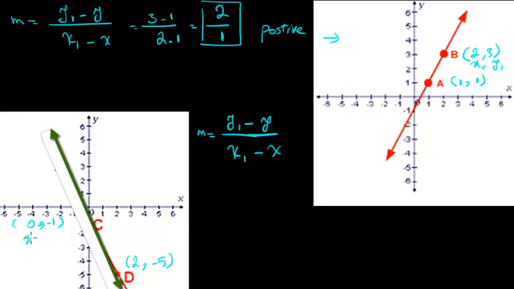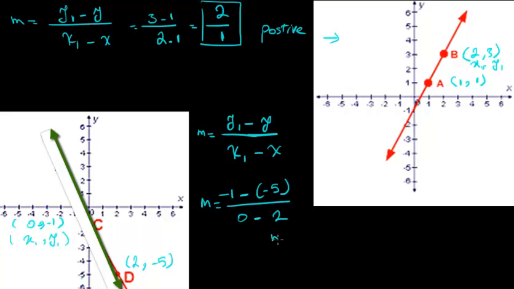Let's call this one x1 and y1. So we'll have m equals y1, which is minus 1, minus 5, which is the second y, over x1, which is 0, minus 2.